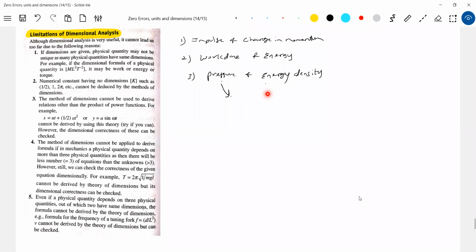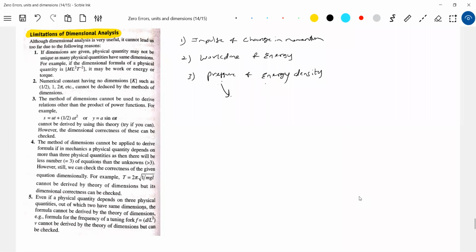There are several quantities, and when you combine them all, the output you get has the dimensions of pressure. Are you sure you are going to confirm it's a pressure? No, it may be energy density. So again, what should I do? I should take help of the experiment details only to confirm whether the output of that given system is pressure or energy. Through dimensions, I cannot differentiate. Okay, got the idea? There's a meaning of that.